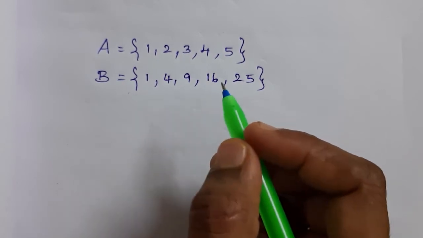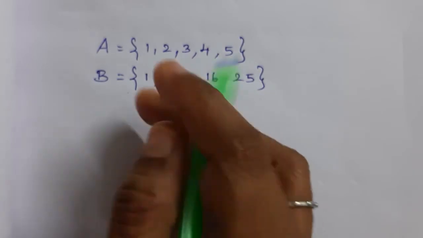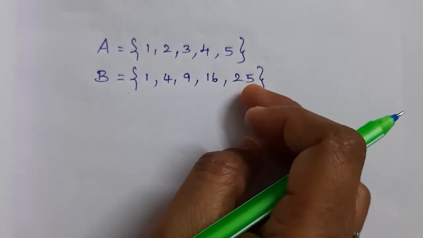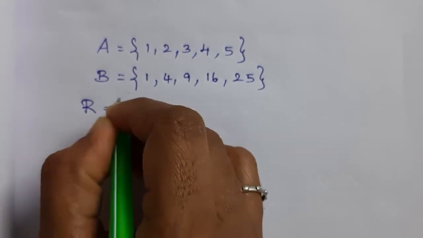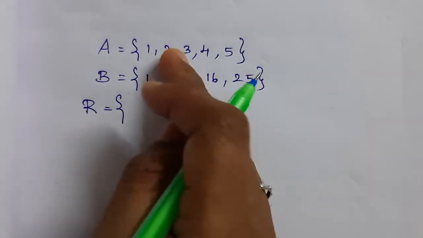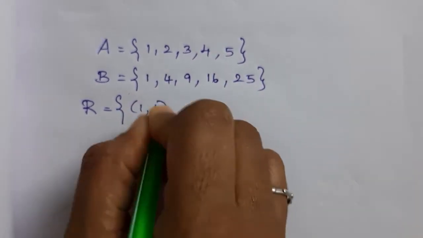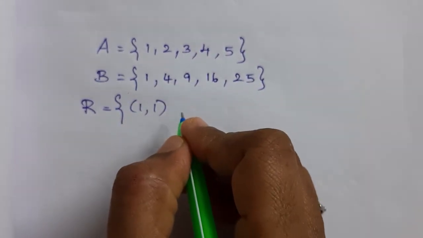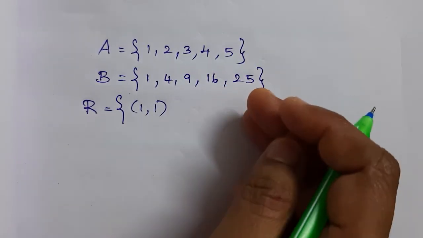What do you mean by subset of A cross B? A cross B means you will write the elements in terms of ordered pairs. But here we have to name it as a relation from A to B, and you have to write it in ordered pairs, that is (1, 1). You need not write all the possible ordered pairs because it is not finding the cross product.